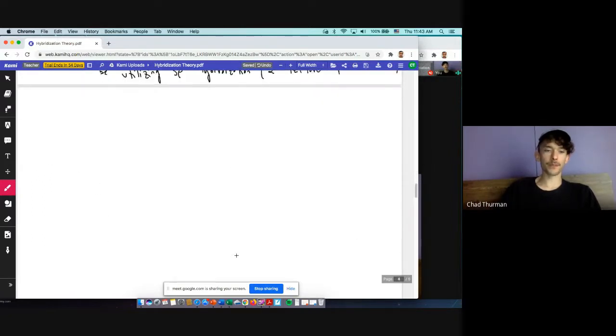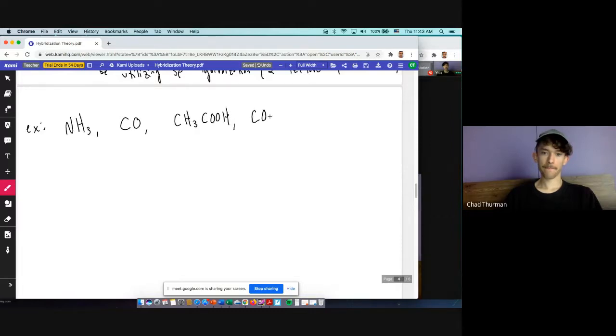So let's look at some examples. In each of these molecules, I want to figure out the shape, the structure.